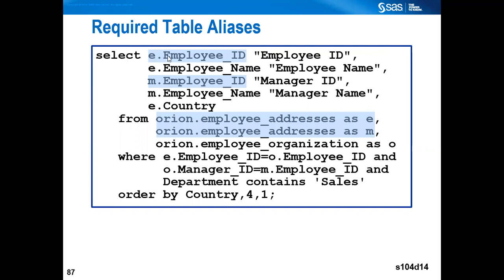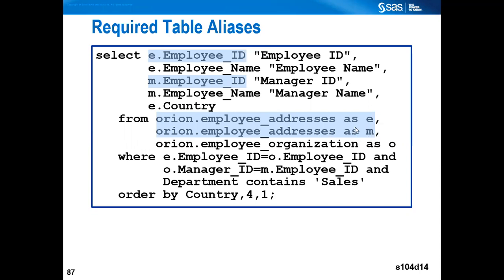In your select, you're selecting employee ID column, employee name column. So see, because you are reading addresses twice, because we want manager information also to be written into your output query, so that manager information is also in your employee.